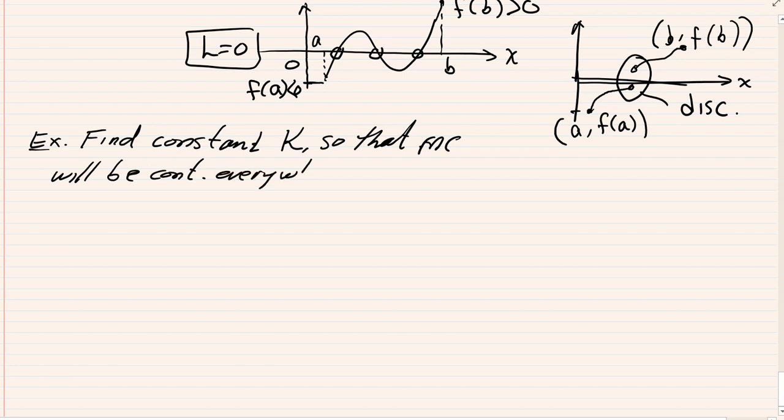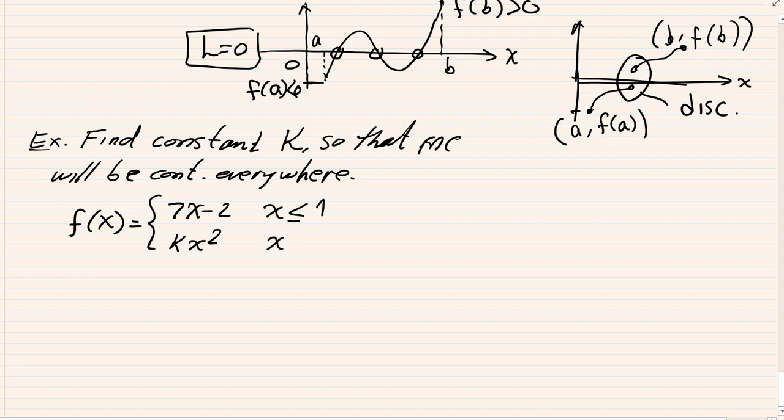Okay, now in this example, I'm going to make this function a piecewise function. Let's say we have 7x minus 2, and the other one will be quadratic, and let's say x less than or equal to 1, and then let's make this one x bigger than 1.